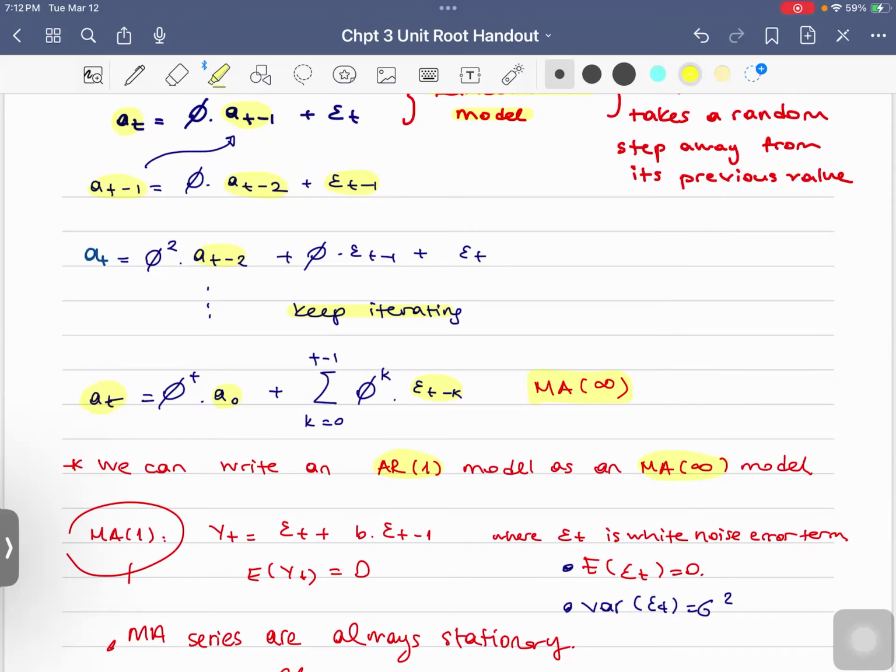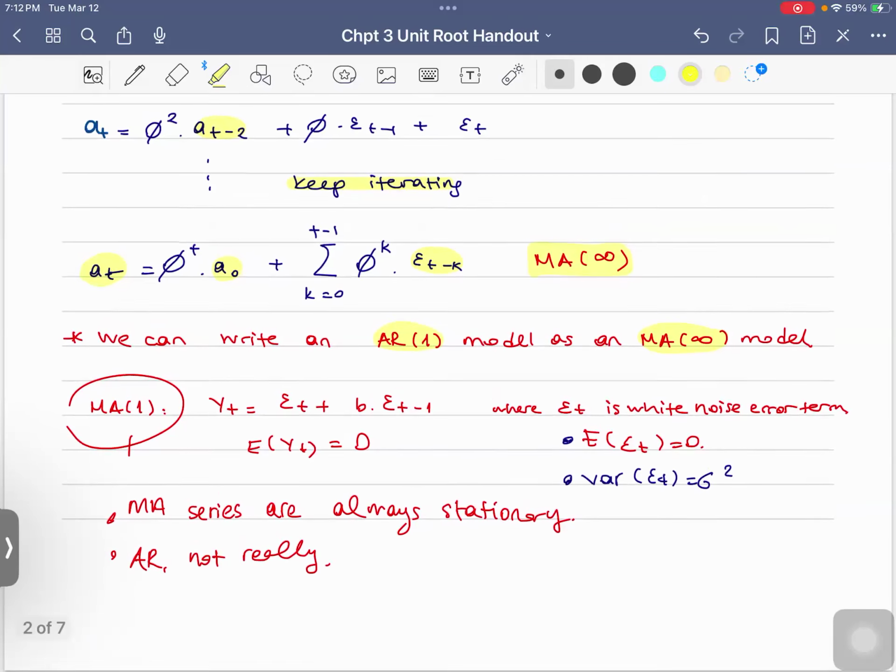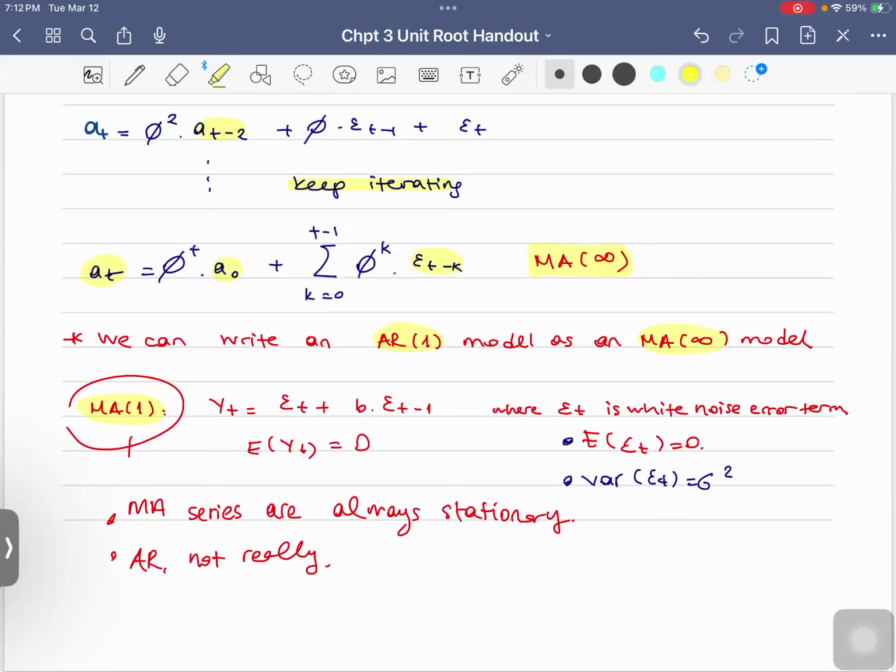Now, that's a nice feature for us because with an MA1, or basically any MA model, and here I'm looking at the most generic version, let's see, for MA1, y_t is a function of today's error term and the past error term, right? In this case, if you look at the expected value of y_t, that will be just equal to 0.